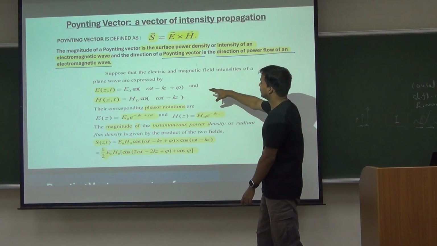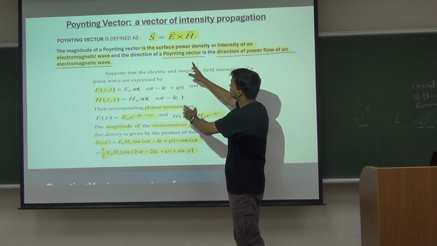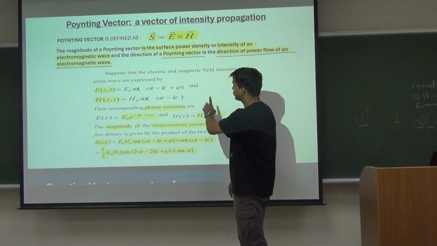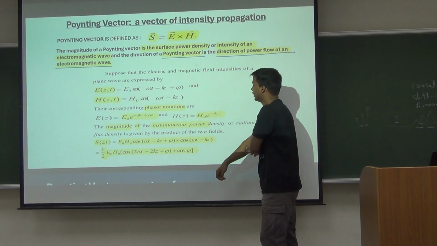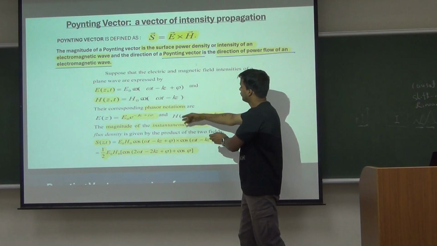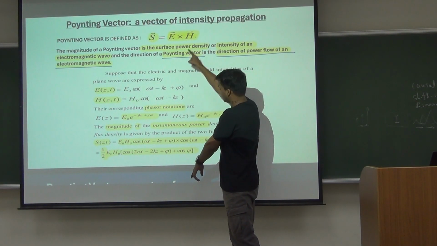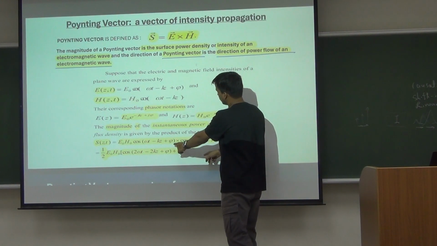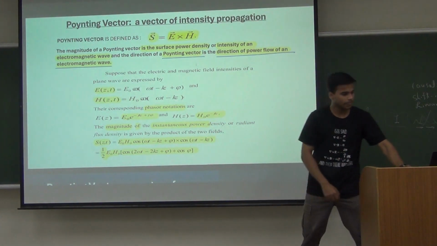So here we have taken one electric and magnetic field to get to this expression. And this is the phasor form, and we use these electric and magnetic fields, put this formula here and get this expression, and you do the cross product of these two.